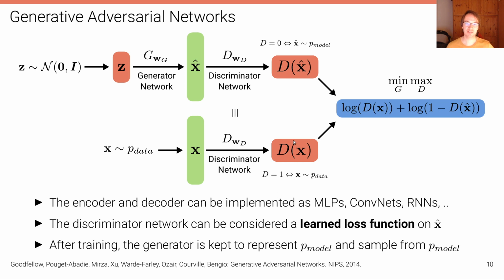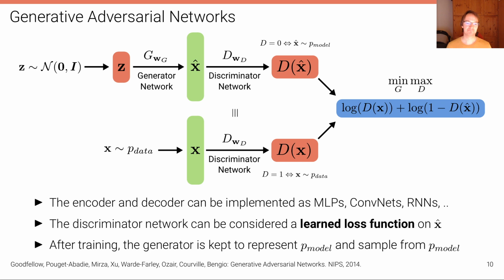The discriminator network, D, can also be considered as a loss function. We're learning jointly with the weights of the generator, the model that we are interested in, a loss function, the discriminator.